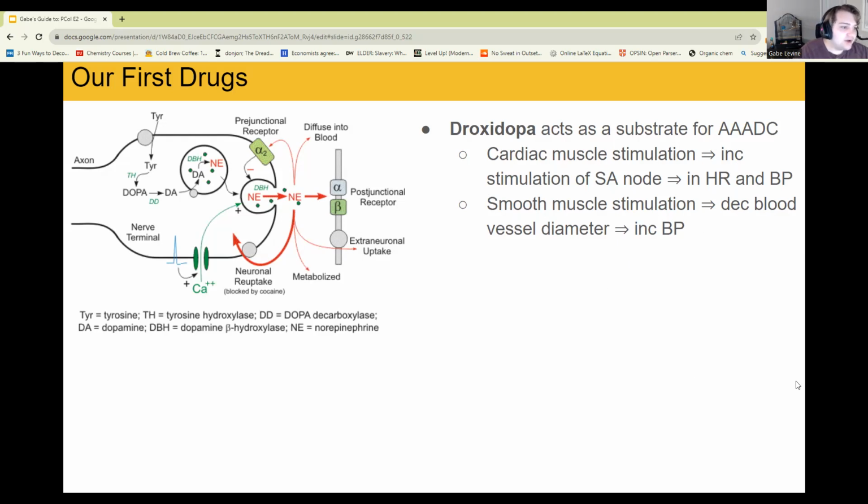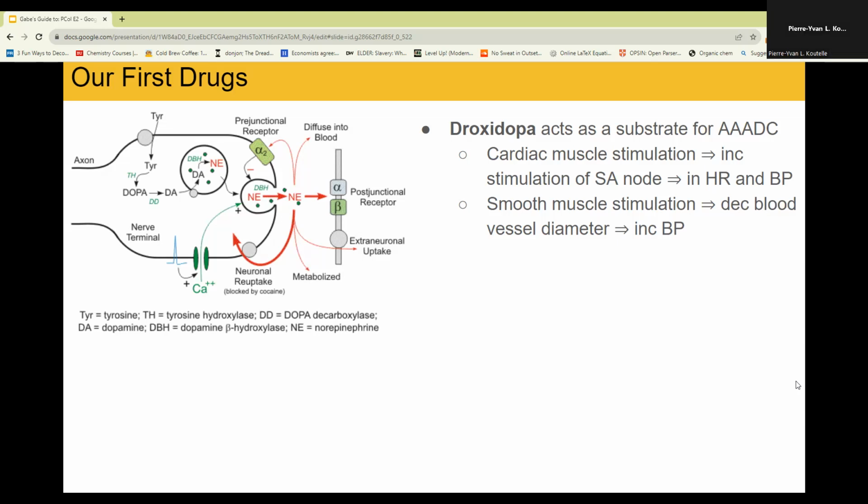So my question for you is, is this more vagal tone or more sympathetic tone? Which one are we increasing in the body? Vagal tone or sympathetic?